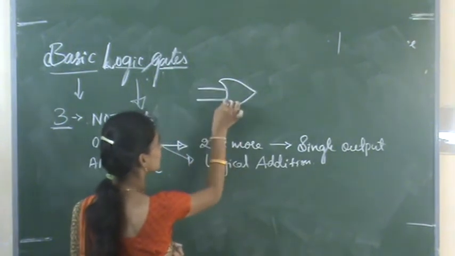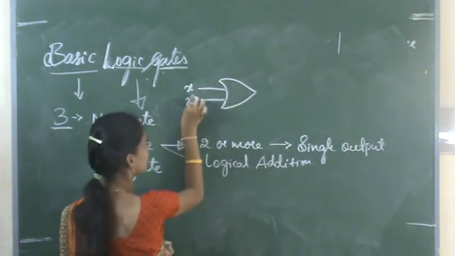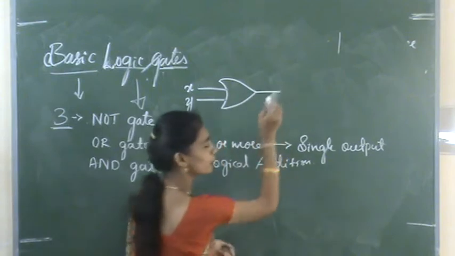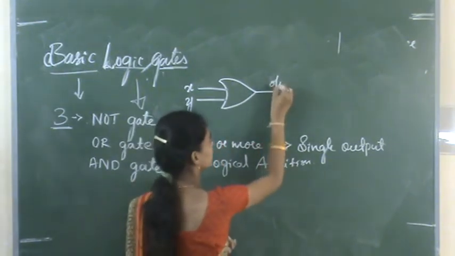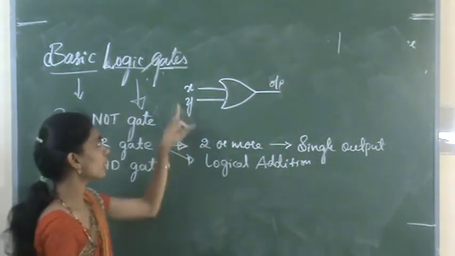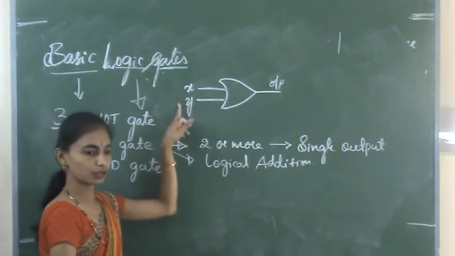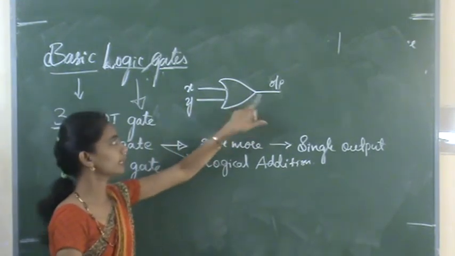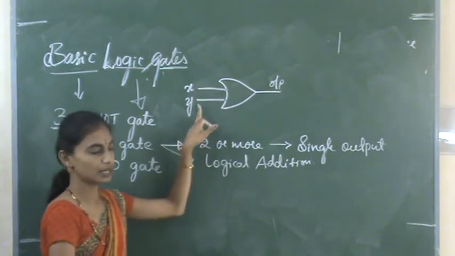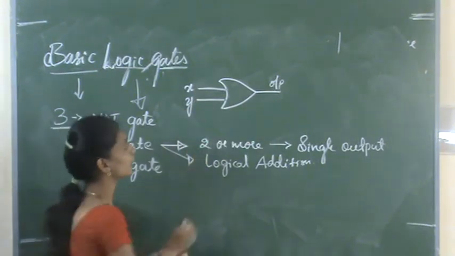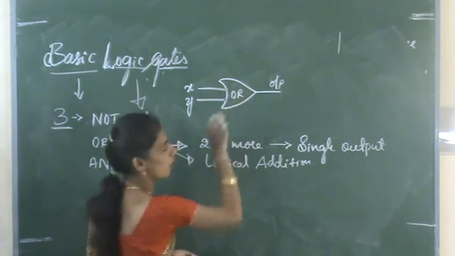If we are using two inputs, X and Y, the output will be 1 if it is any of these inputs. That is how we represent the OR operator.